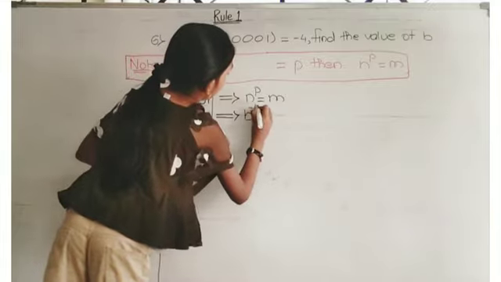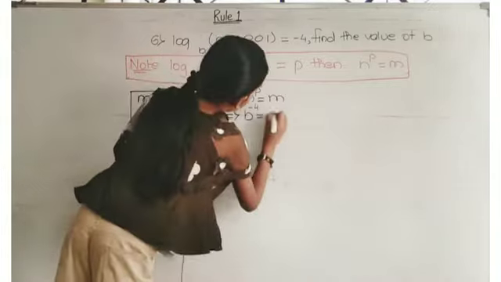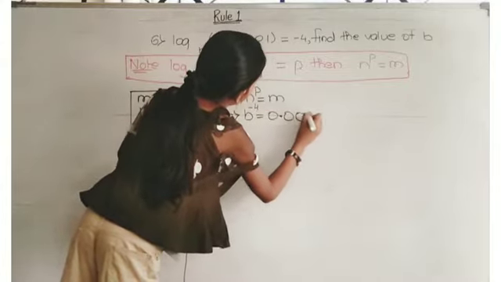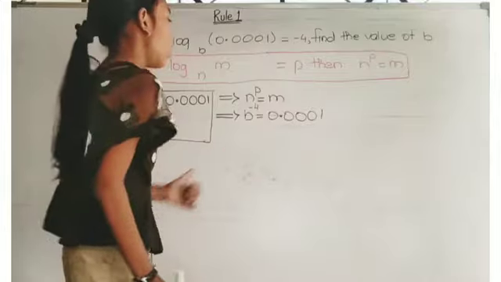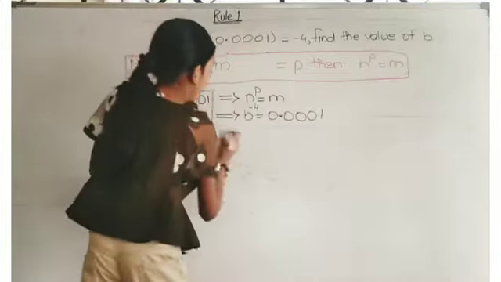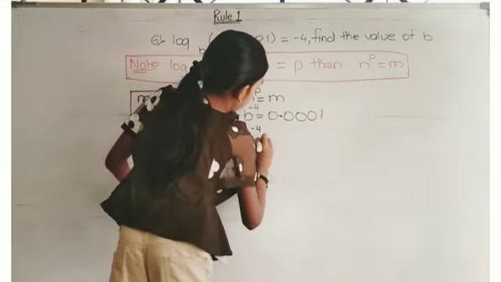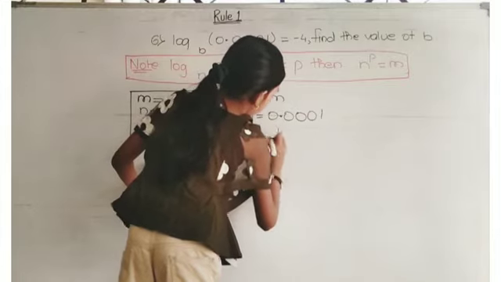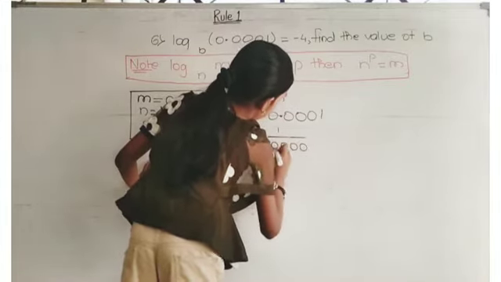So b raised to minus 4 is equal to m value 0.0001. As this is like this, we are going to remove the decimal point. So b raised to minus 4 is equal to 1 upon 10,000.